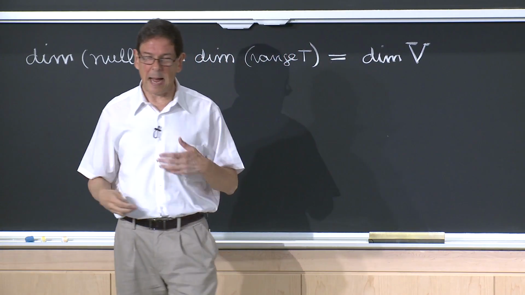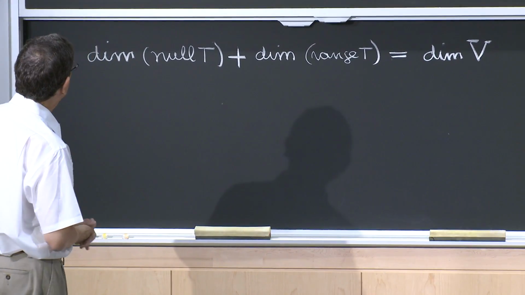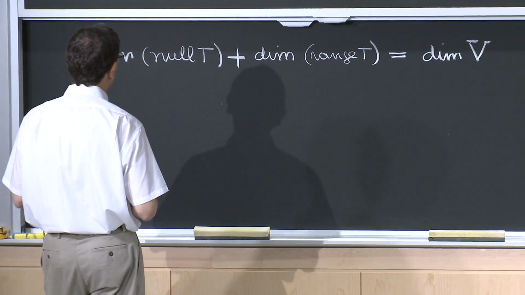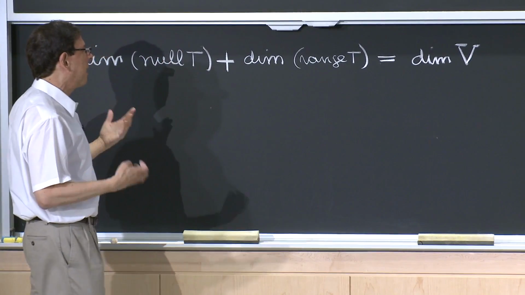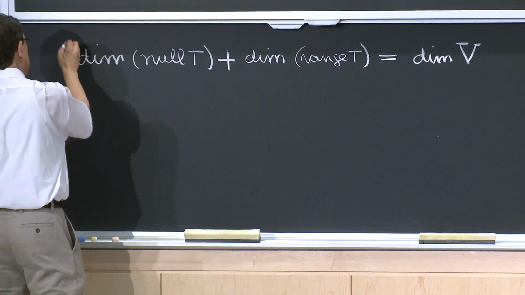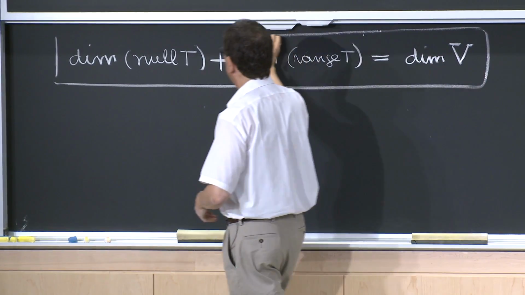So this is applicable to finite dimensional vector spaces. The dimension of the kernel, or the null space, and the dimension of the range add up to the dimension of the vector space. It's a very nice and interesting theorem.